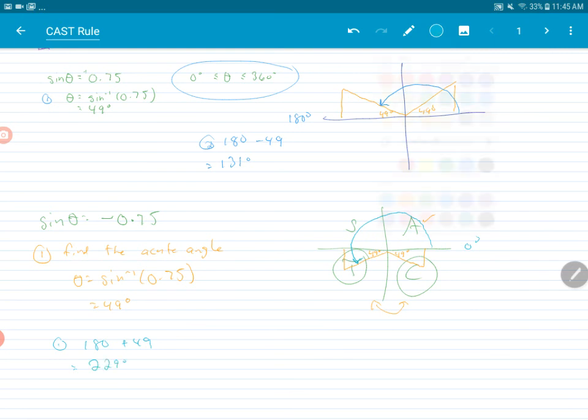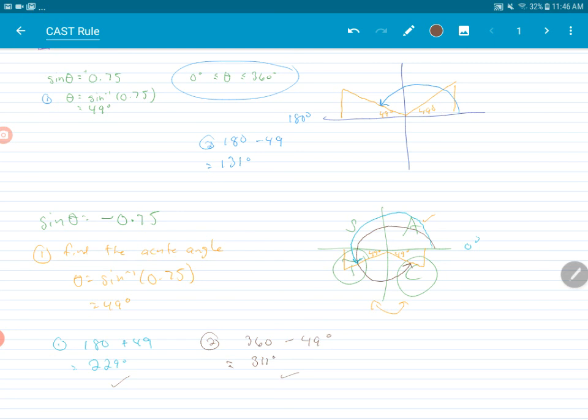And for our second angle, start at 0, we go past here, and we almost get to 360 degrees, almost a full rotation, but not quite. So we would say we're 49 degrees short of 360, or 360 minus 49 degrees, to give us 311 degrees. So we use this 49 to help us get our two solutions.